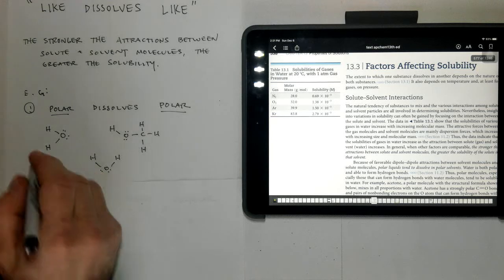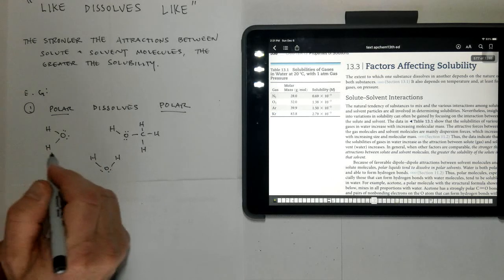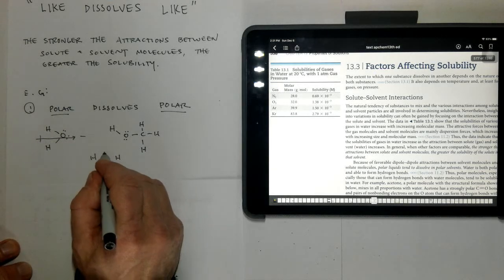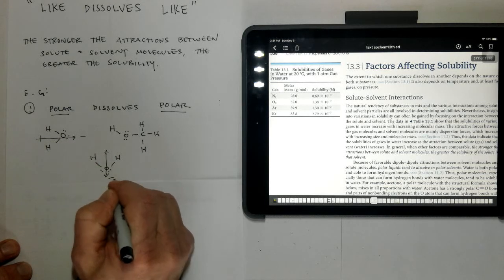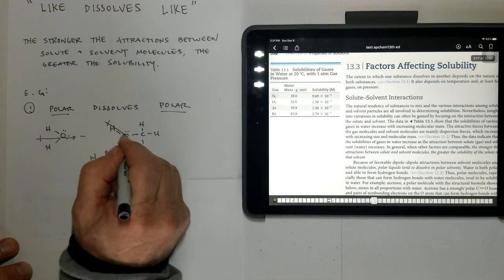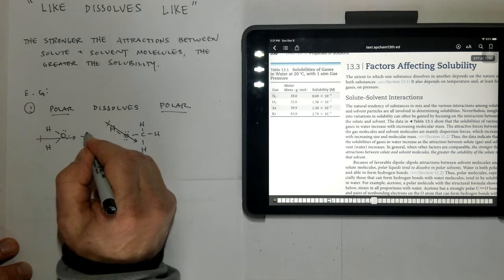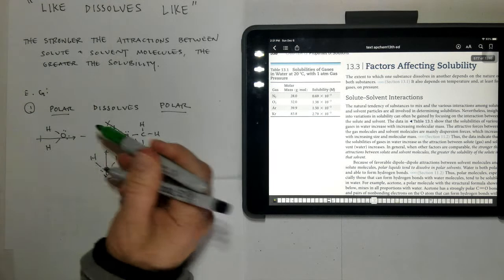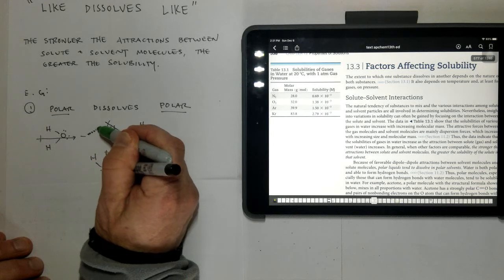And so we end up with a dipole moment going from positive here to negative right here, from positive here to more negative out here. And then here in this area, we have a more positive area going to a more negative area here. So this negative part right here would attract to this positive part right here. So this would be one attraction.